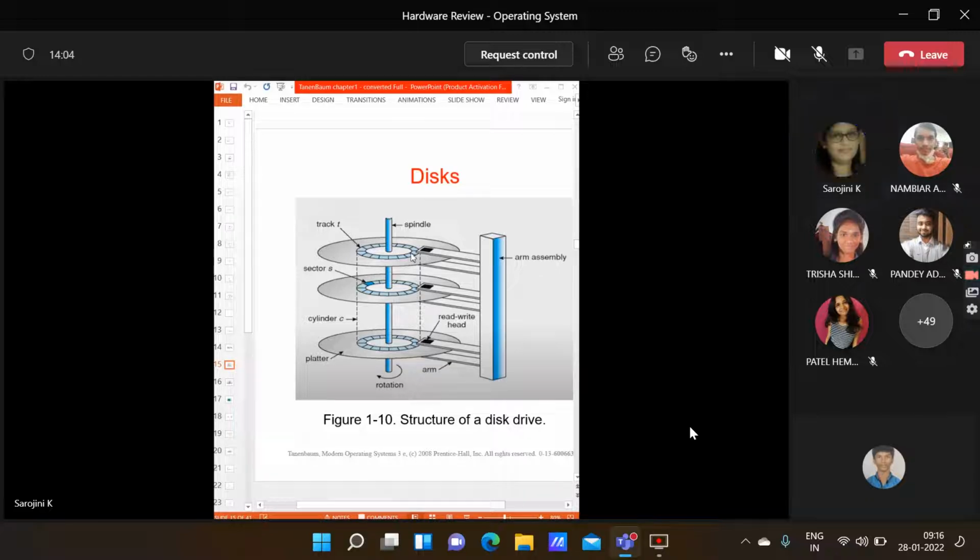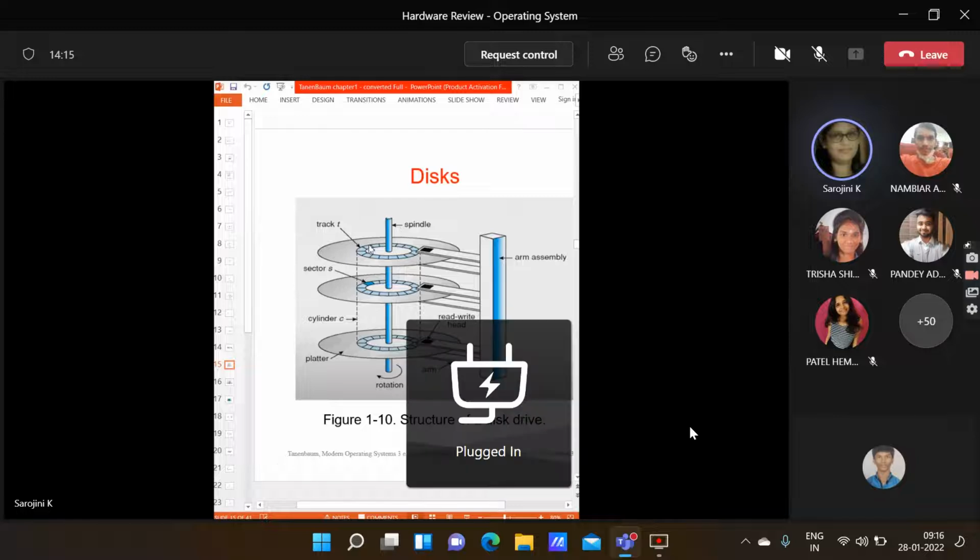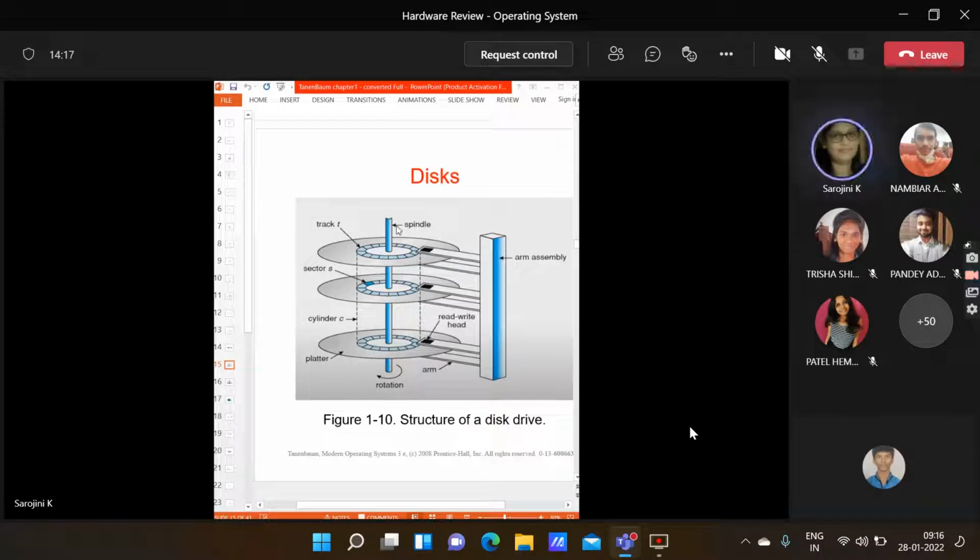The number of tracks in each platter will be the same, which means the disk size is the same. But the number of sectors will differ. The surface of the inner circle is less than the outer circle, so when you split the outermost circle into sectors, you will get more sectors.